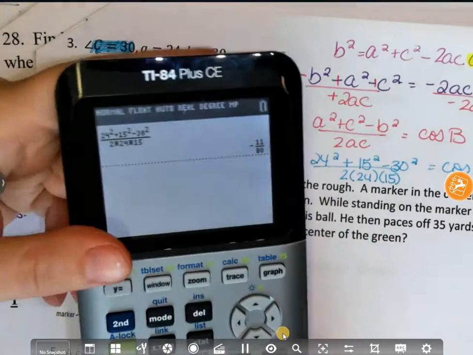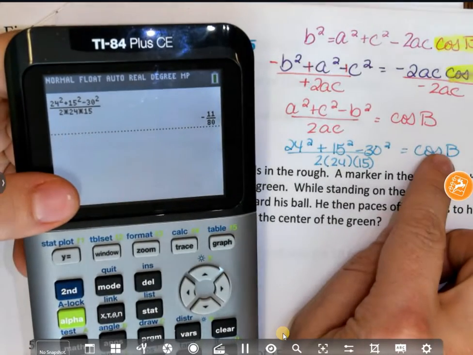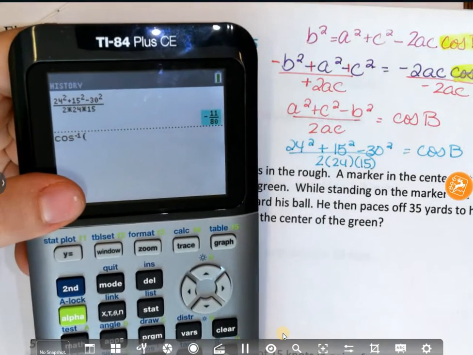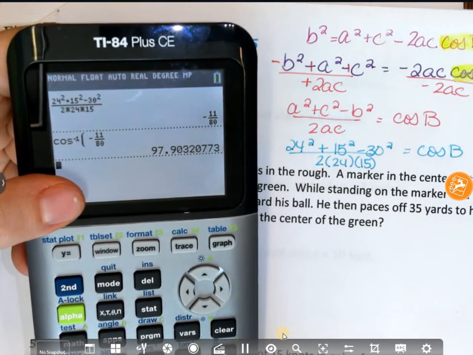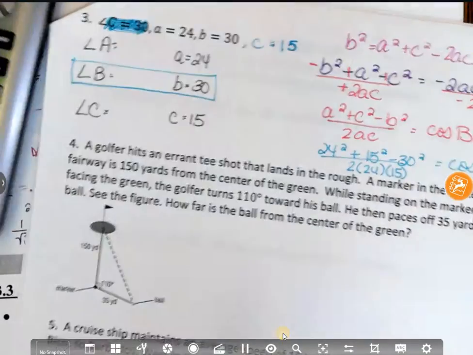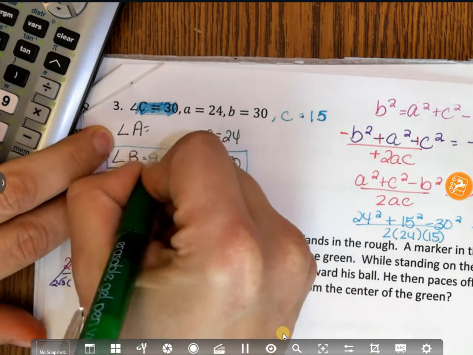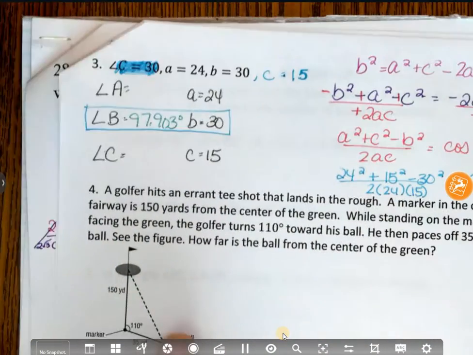So then if I want to find my angle B, what am I going to do? Inverse cosine. Beautiful. So inverse cosine of that, boom, there's my angle. So here I have that angle B is 97.903 degrees.